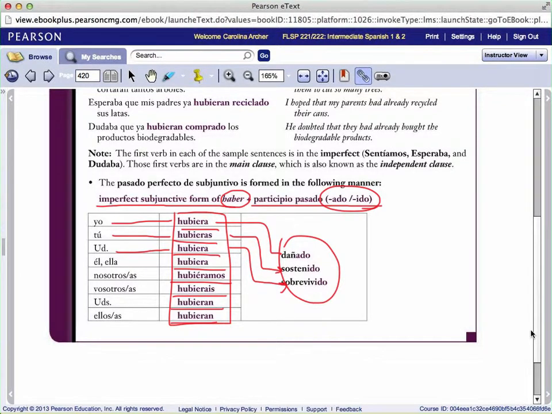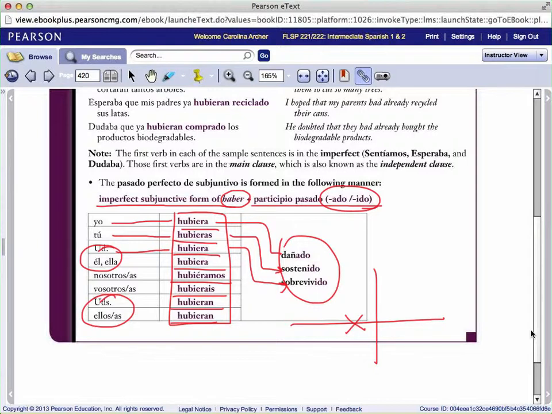Yo hubiera, tú hubieras, usted, él y ella hubiera, nosotros hubiéramos, vosotros hubierais, y ustedes, ellos y ellas hubieran. Plus the past participle to talk about something that happened. I recommended that they recycled.